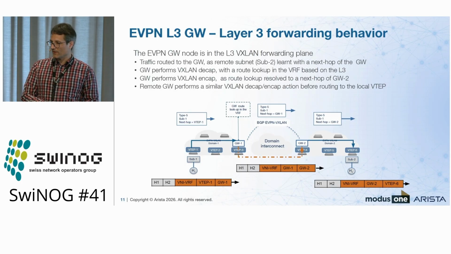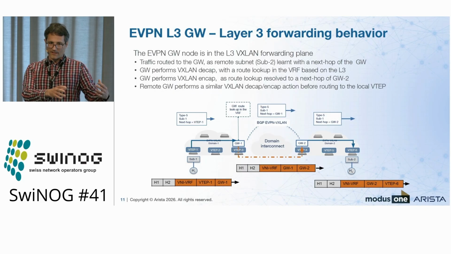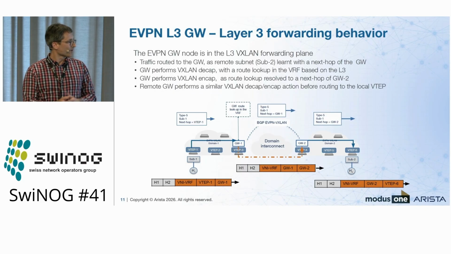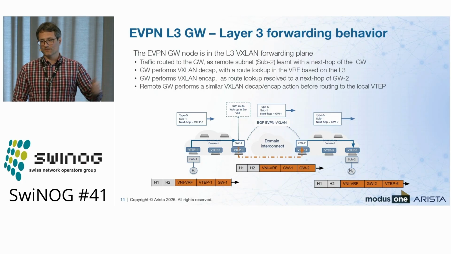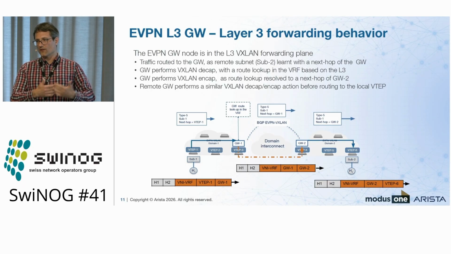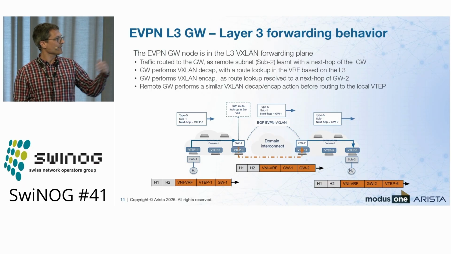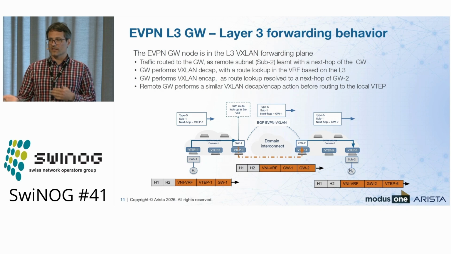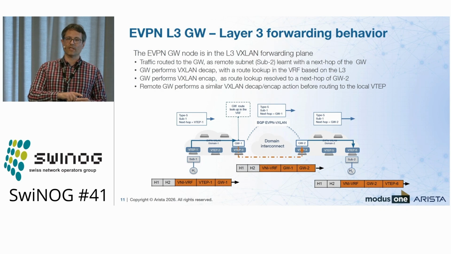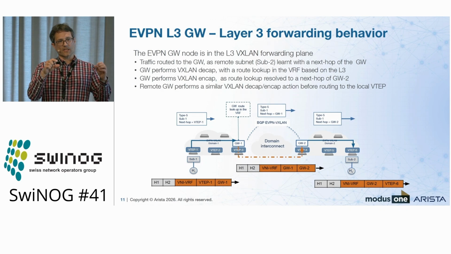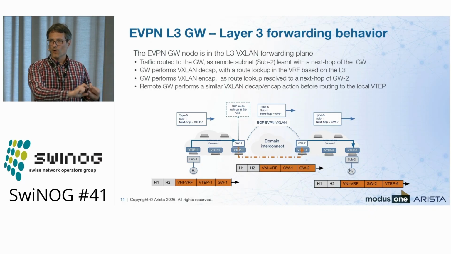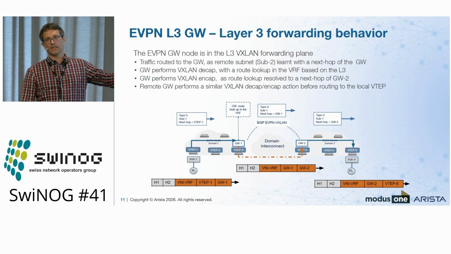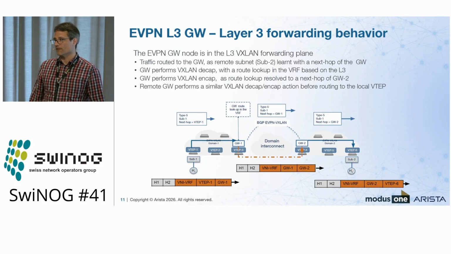It re-encapsulates the data frame into VXLAN again, but this time it sends it to gateway 2 and sends it from its own address. Gateway 2 then does the same. So you see, we do not only have some mechanisms in EVPN, but there also are some operations required on the data plane because the gateway does decap and then encap again.